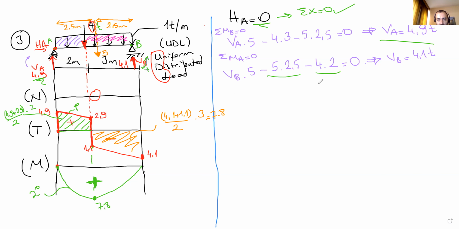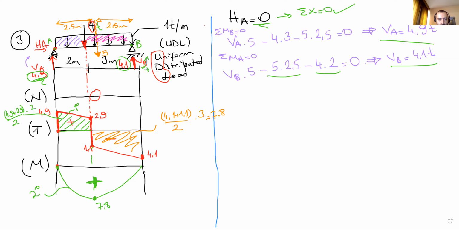And this is the concentrated load's moment. Minus. Why? Because they're in the opposite direction of my assumption. That's why they are minus. So totally it's 0. From here, VB comes 4.1 tons. Okay, 4.1 tons. So I wrote the loads here.